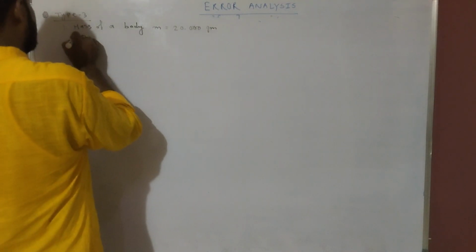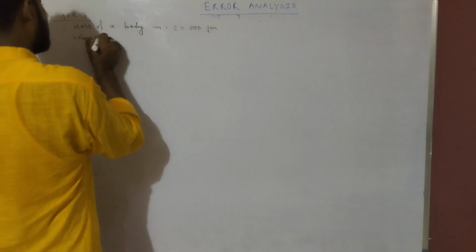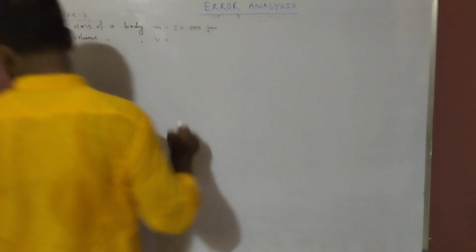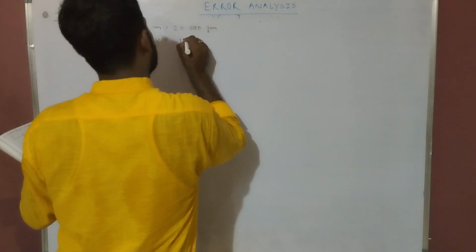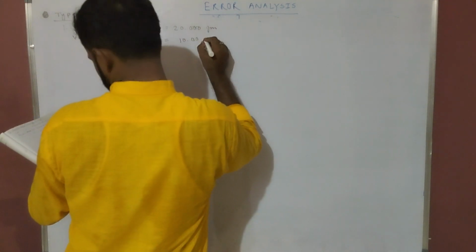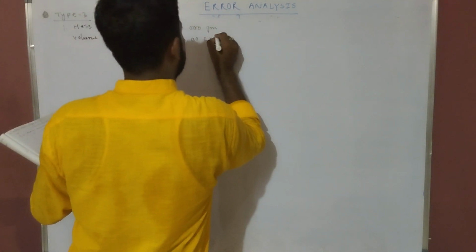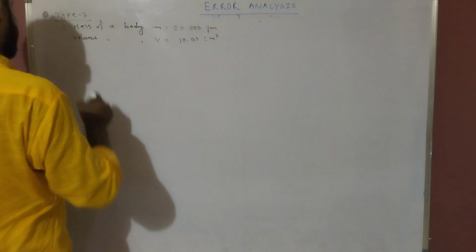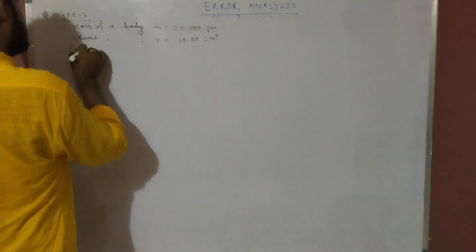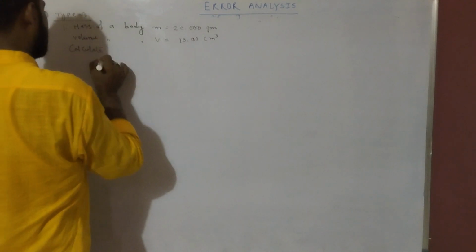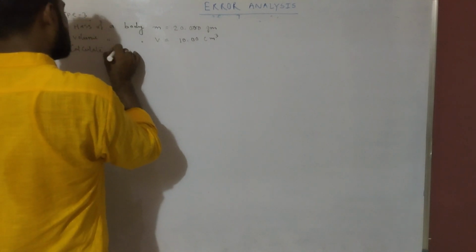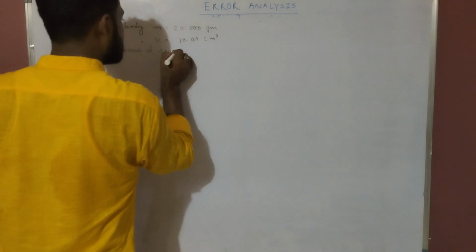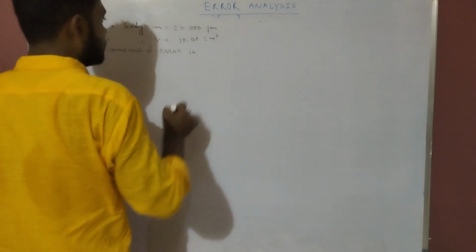Volume of the body, V is equal to 10.00 centimeter cube. Calculate the amount of error in density.